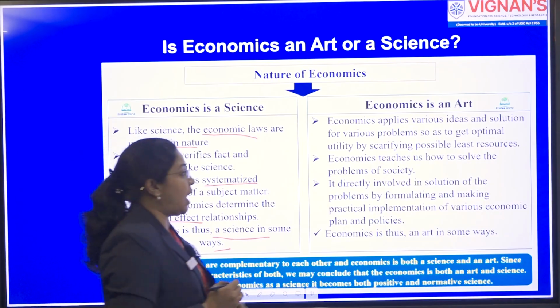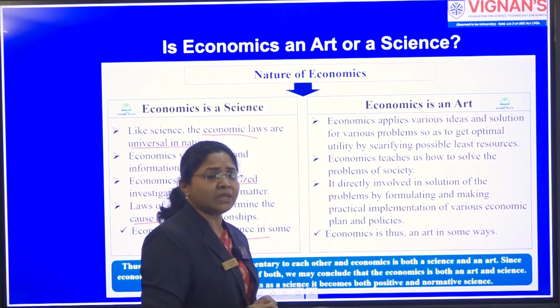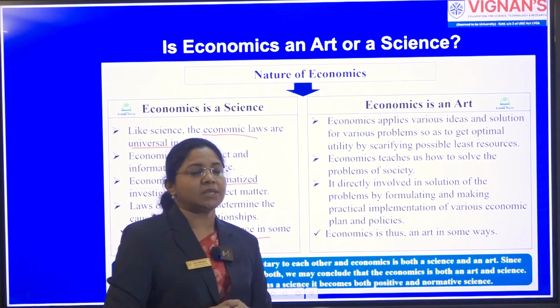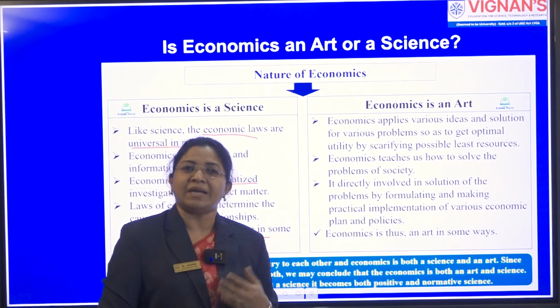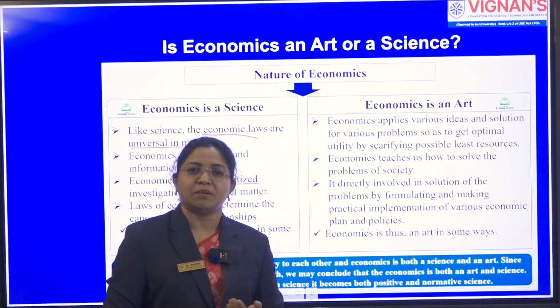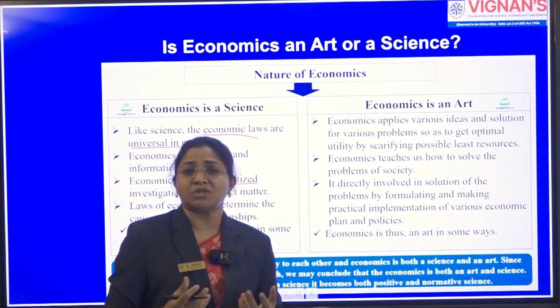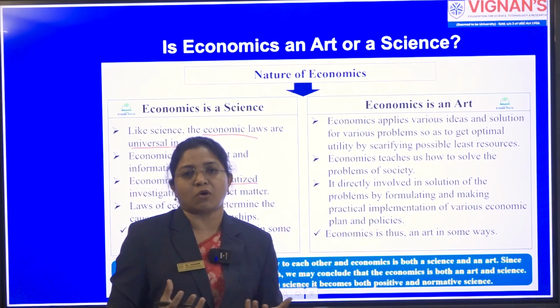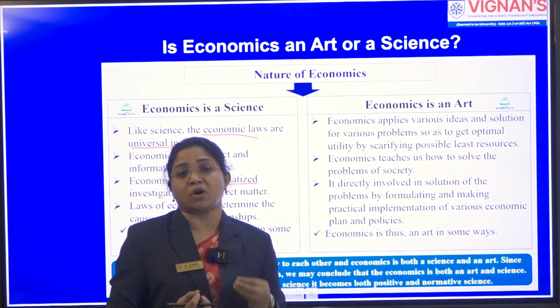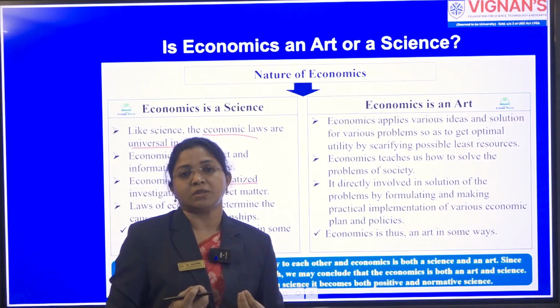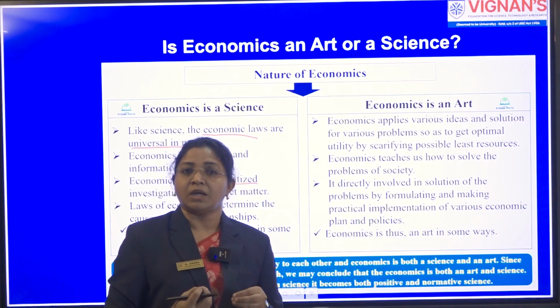Next, coming to the arts part, art is nothing but ideas, opinions, beliefs, policies, decisions, skills, all these we call art. There is some sort of judgment in it, there is some sort of opinion in it.